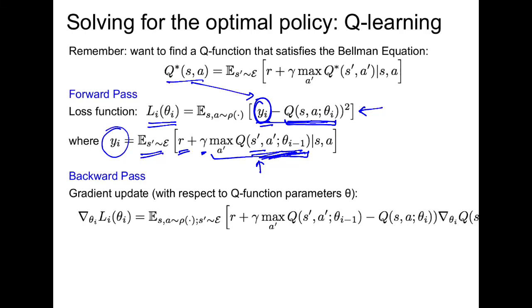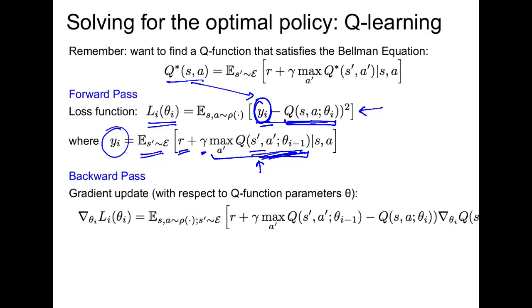But we talked about forward propagation, right? What is yi? How do you do back propagation? Because how do you update theta? So you have a current value of theta, you get this Q of S prime, A prime using that value of theta. Using this, you can compute the loss function. How do you back propagate? How do you compute the new value of theta?